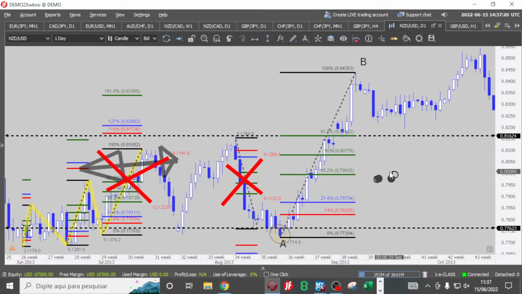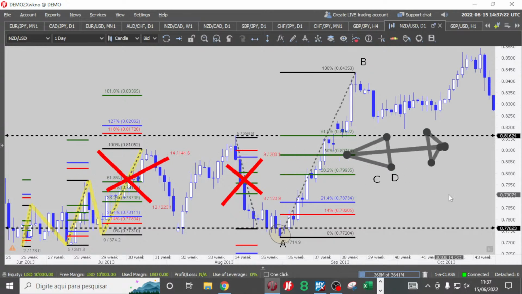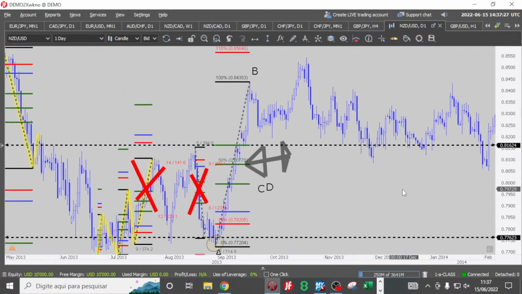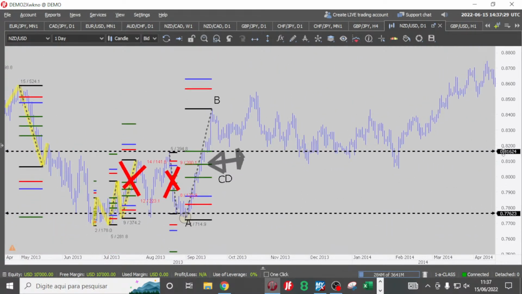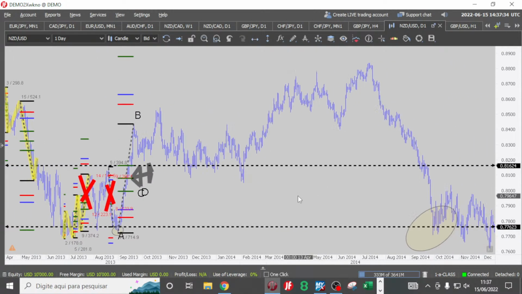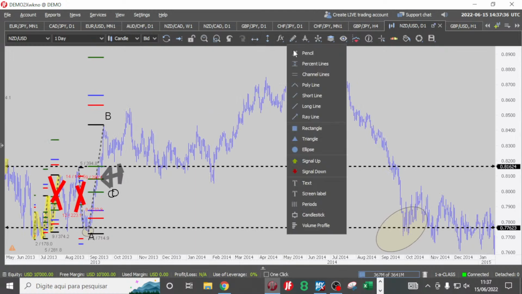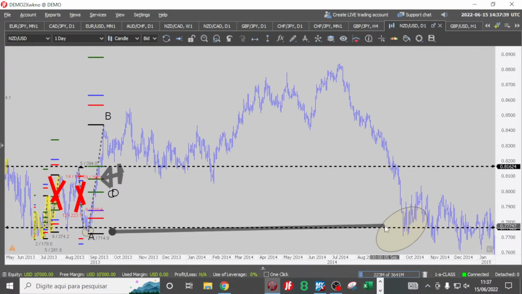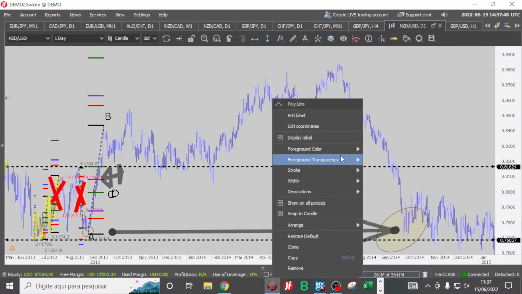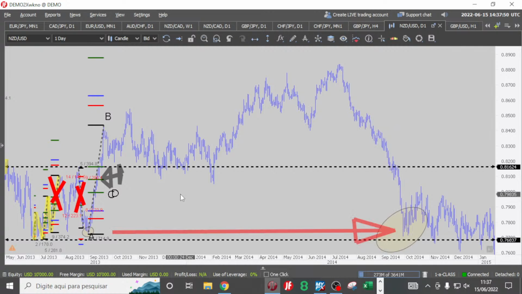A, B, C, D. And when I'm moving the chart and looking at what is going to happen in the future, compressing the chart, everybody, do we agree that the market is going to stop us out? The market is going to break our A? You have the red arrow pointing at it. Do we agree, everybody, that the market is going to stop us out?